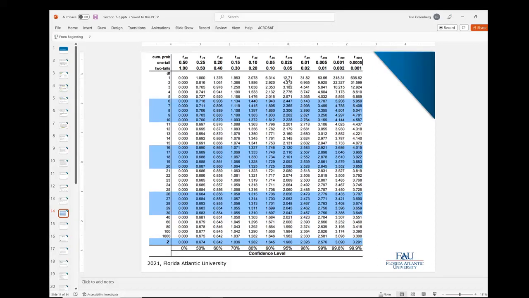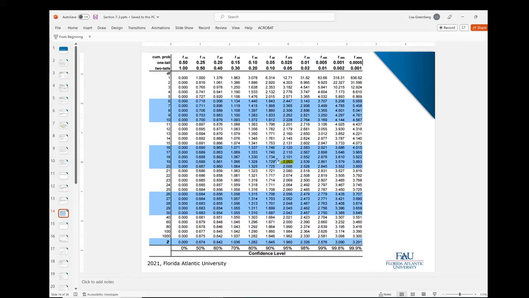And then we would look at our degrees of freedom over on this side. So let's say we had 20 values in our sample, then our degrees of freedom are going to be 19. So we would look here and we would find 2.093, which would be our 95% confidence level with 19 degrees of freedom.